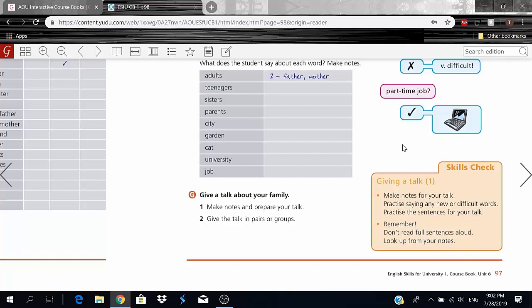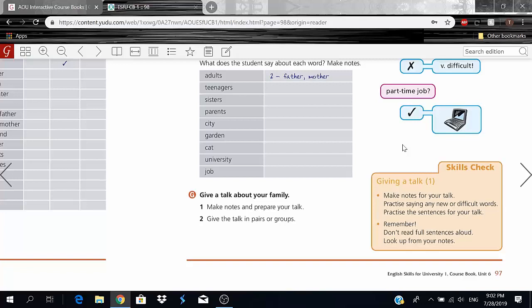Okay, so what he means by this is, you don't just take that piece of paper that you have your notes in and just start reading it in front of people. That is both disrespectful and bad on your part, okay? What you do is you use your notes to give you just kind of a reminder, you know what I mean?